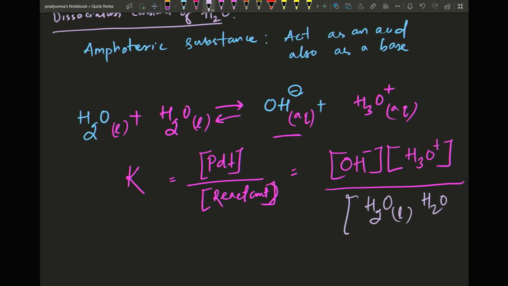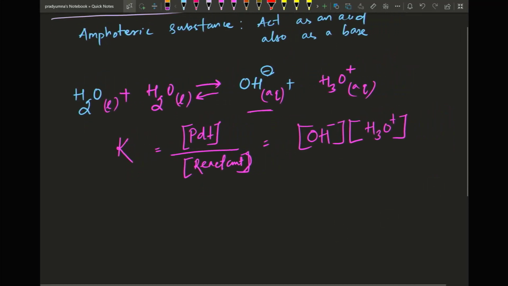But since these are pure liquids, we can ignore them in the equilibrium constant calculation, because for pure liquids there is no change in concentration. Okay, so our equilibrium constant becomes like this.